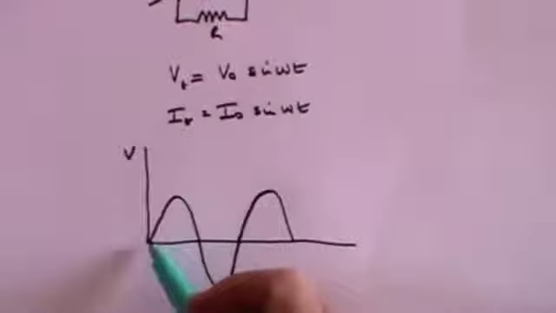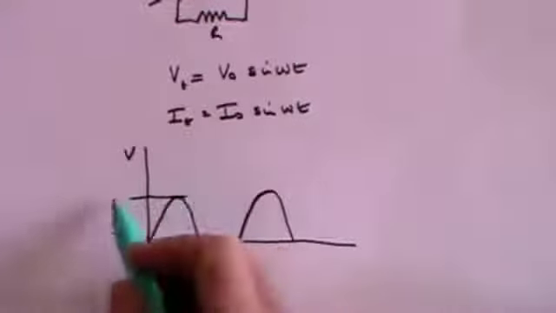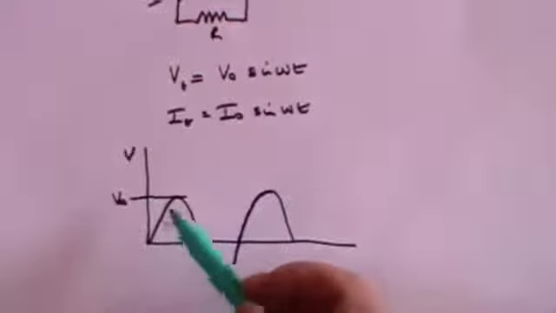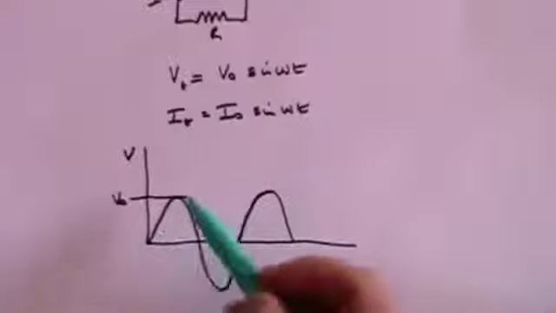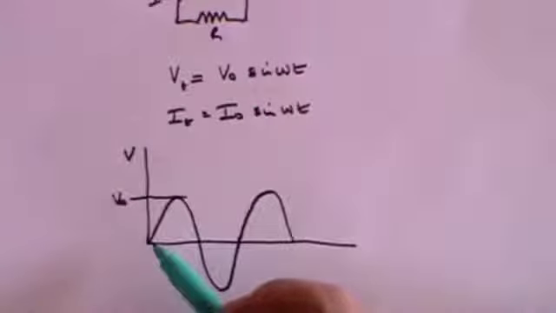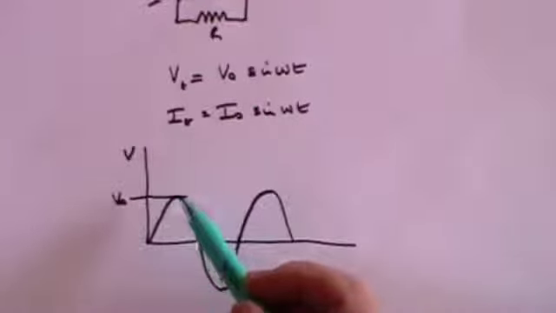So at the voltage at any time, the maximum is V0. That's where this comes from. A sine term always goes between plus 1 and minus 1. So if you multiply that by V0, it means that the total voltage will vary between plus V0 and minus V0 in a sine wave.